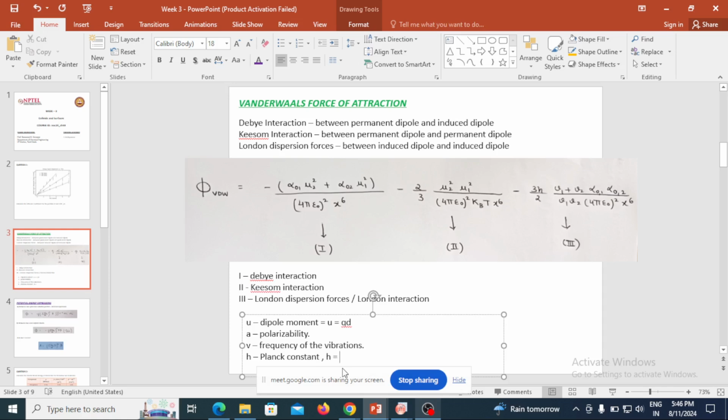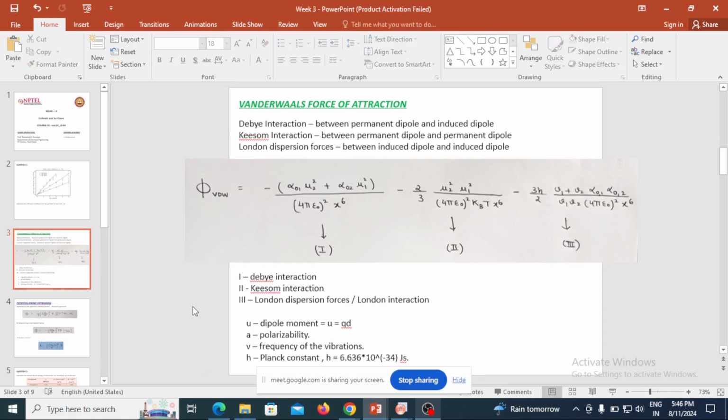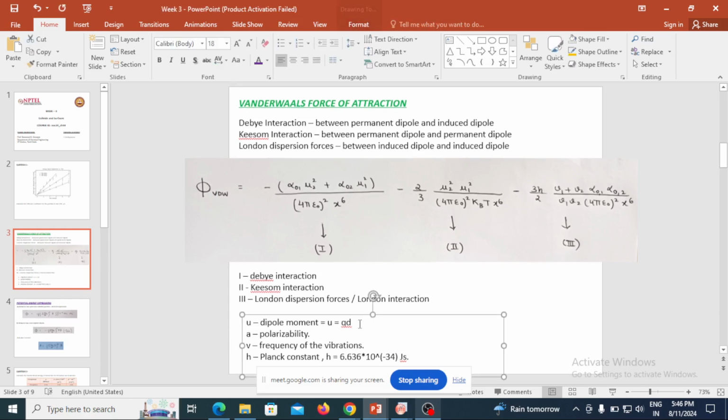It is 6.636 into 10 to the power minus 34, and what is the unit? Joule second. Yes, so this is the value of Planck's constant. So these are the different variables in your expression for the potential energy for the van der Waals forces of attraction.